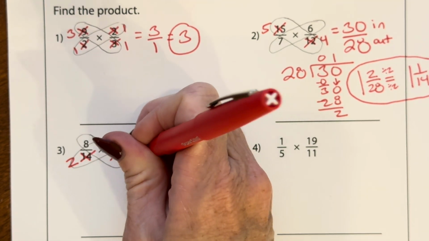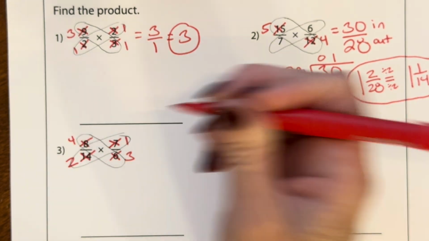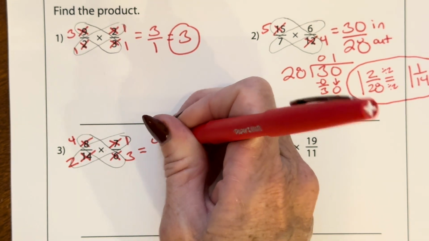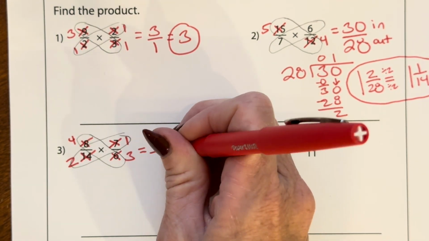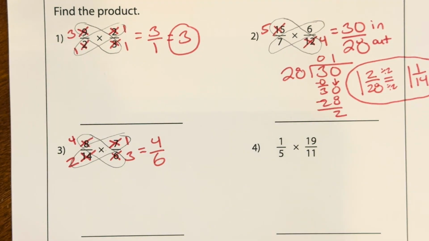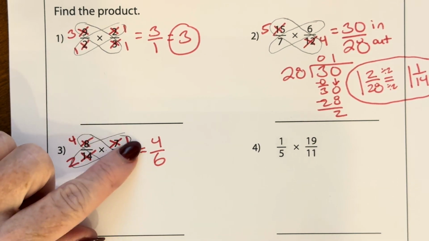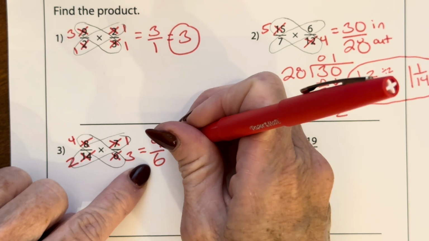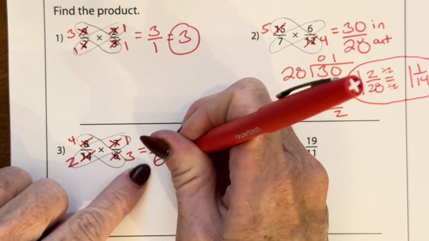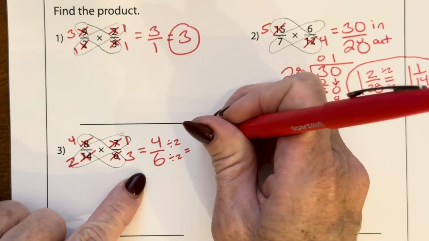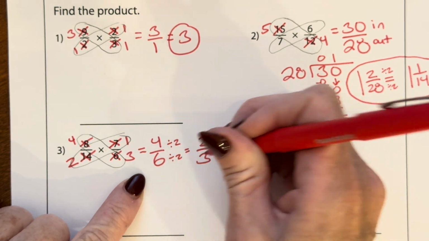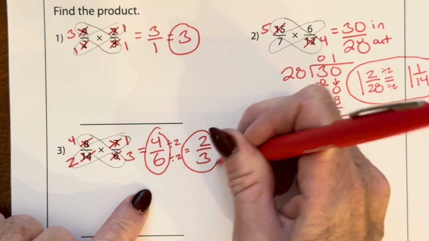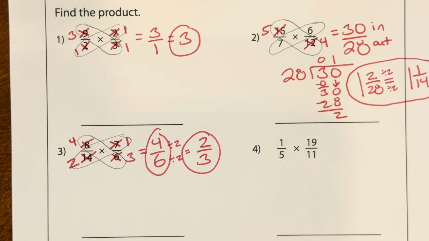So 2 times 3 is 6, and 2 times 4 is 8. So now I can multiply 4 times 1, and 2 times 3 is 6. Okay, this is already less than 1, so I don't need to do in and out. I could divide them each by 2 and get 2/3. So 4/6 is equal to 2/3. So both of those answers would work.